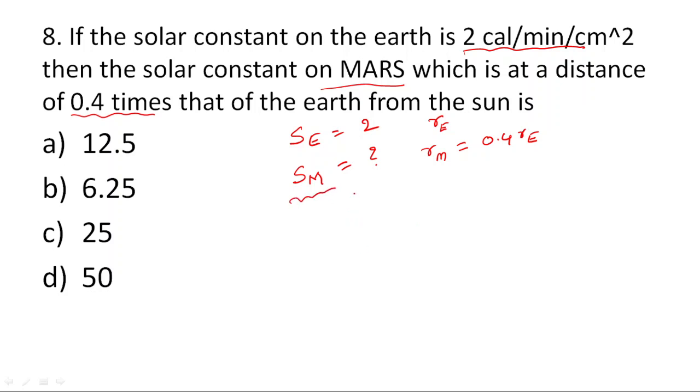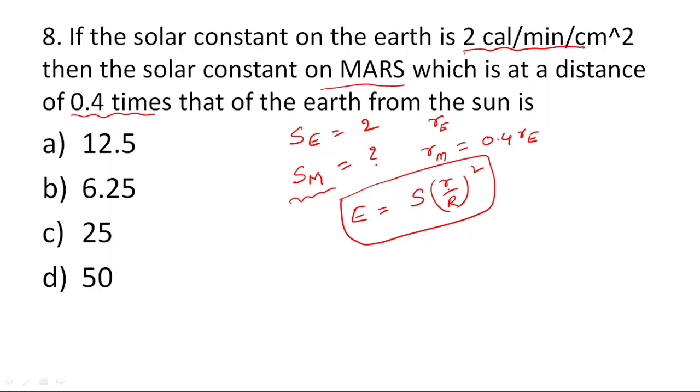So the relation between Sm and Rm is very simple. The total radiation, or the total energy emitted, is equal to S, the solar constant, into small r by capital R whole square, where small r is the distance between the Sun and the planet and capital R is the radius of the Sun.